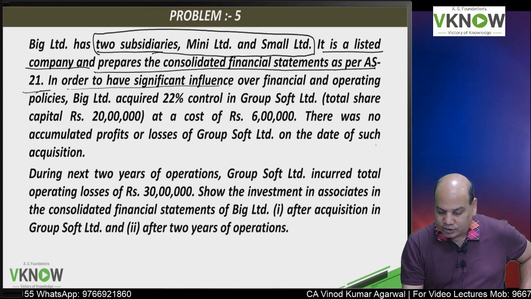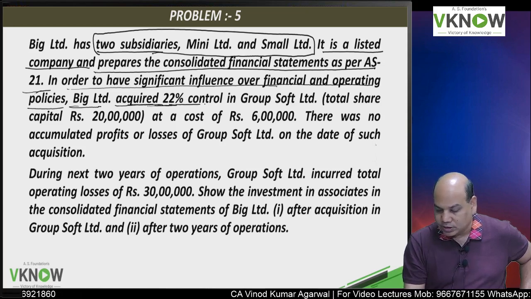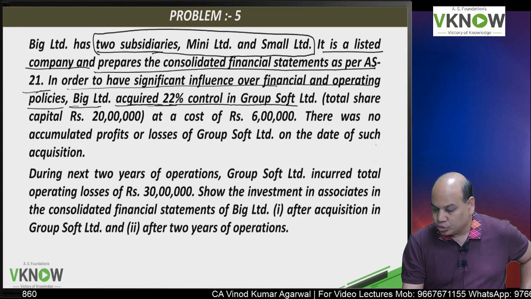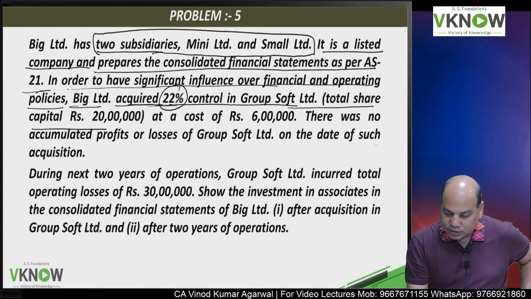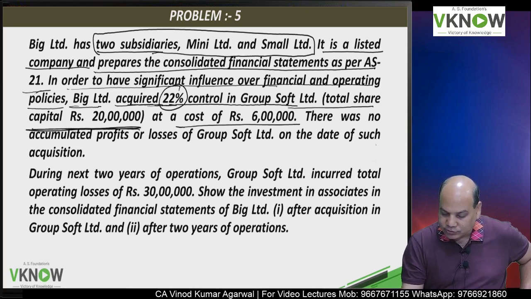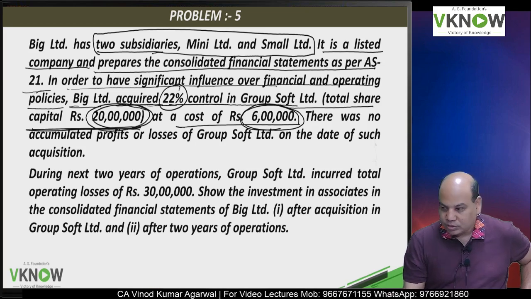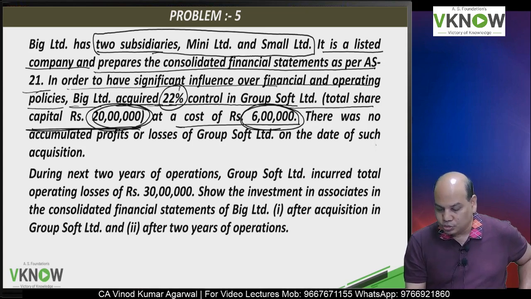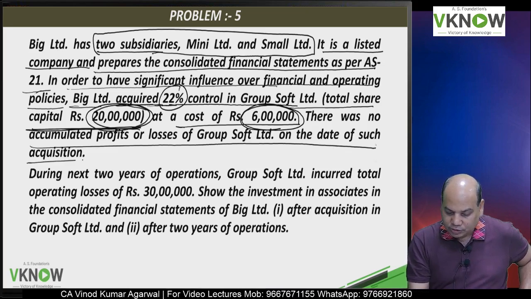In order to have significant influence over financial and reporting policies, Big Limited acquired 22% control of Groupsoft Limited. So this time the stake is 22%, total share capital is 20 lakh, at a cost of 6 lakh. This is the cost, this is the net asset, 20 lakh. There was no accumulated profit or reserve or losses on the date of acquisition.